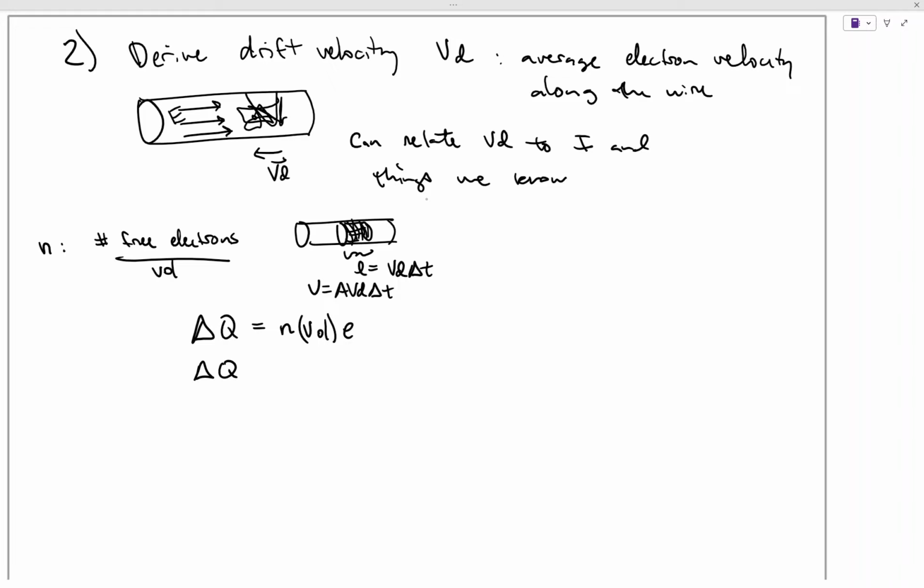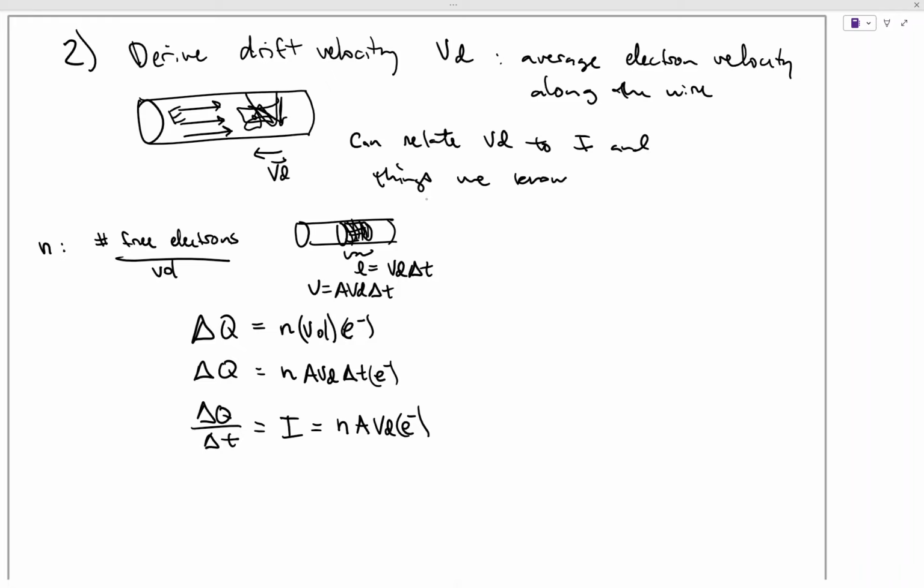So what does that look like? Let's put the pieces together. You get n, this volume A Vd delta T, times the charge of the electron. Now, the current is defined as delta Q over delta T, so let's divide by delta T on both sides. This is another way of saying the current is equal to n A Vd times the charge of the electron.